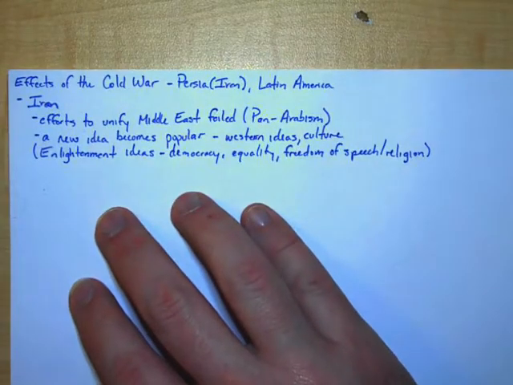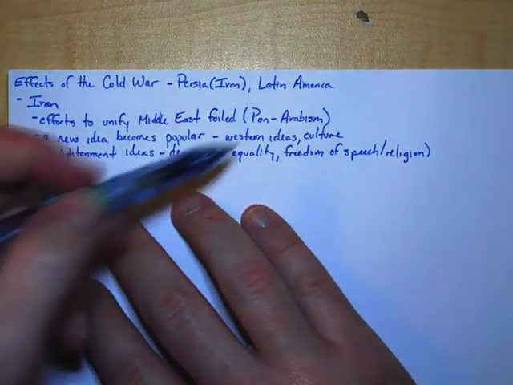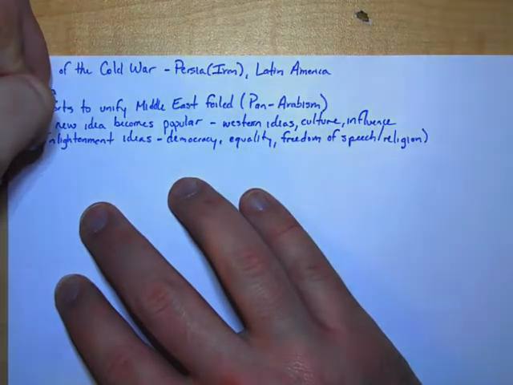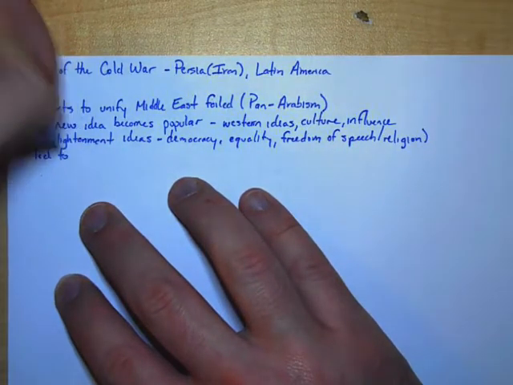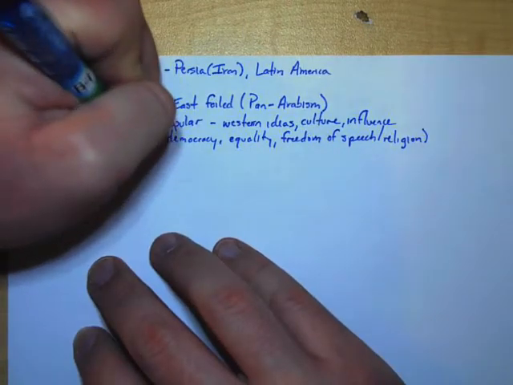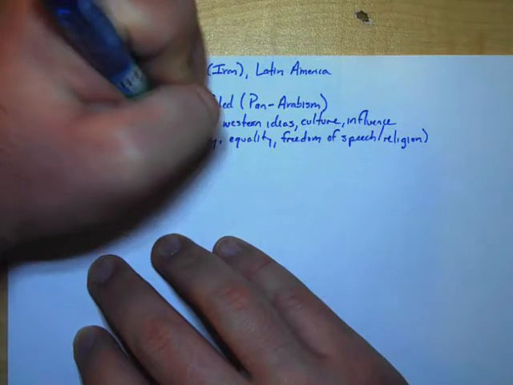These ideas, so Western ideas, Western culture, Western influence, however you want to put it, these were the things that led to problems in the Islamic world.